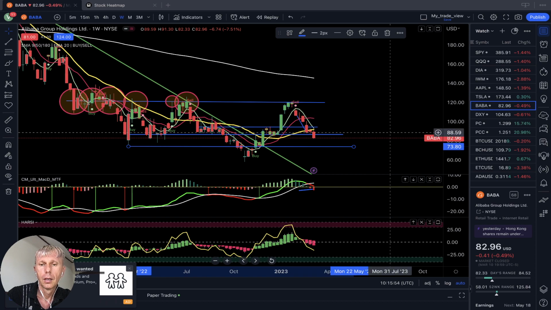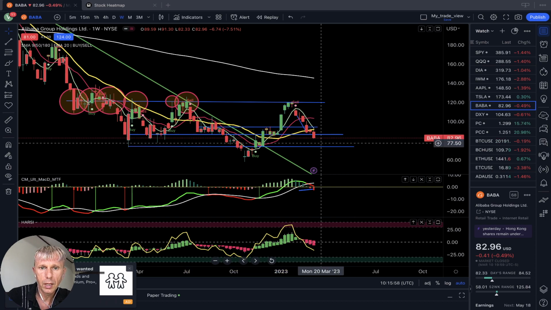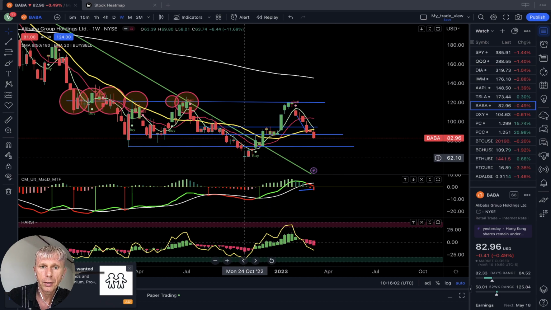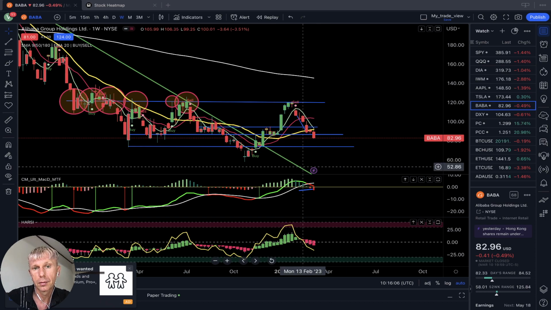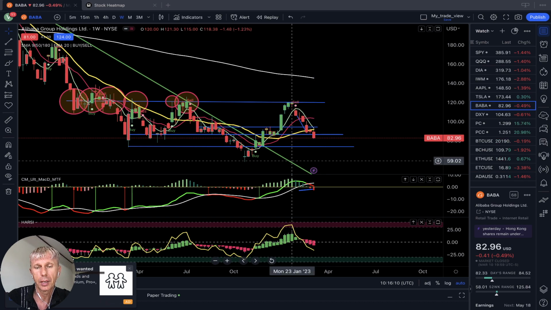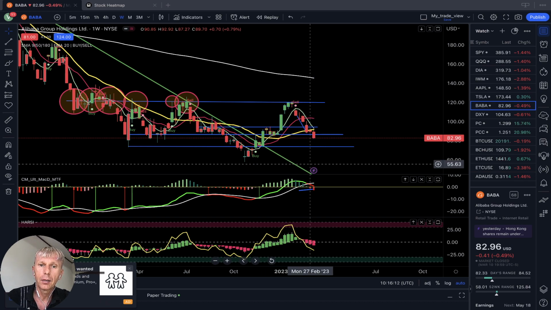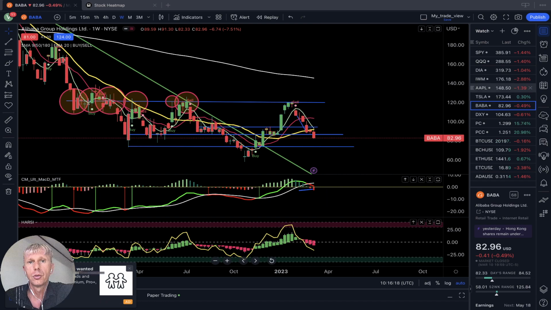Okay, that's another support level. If it's going to break this support level, that will be the next double bottom, around 60. If not, it will go and support this resistance line, the major trend line. So far, it's still a bearish trend on all indicators. No changes for the weekly time frame for BABA.